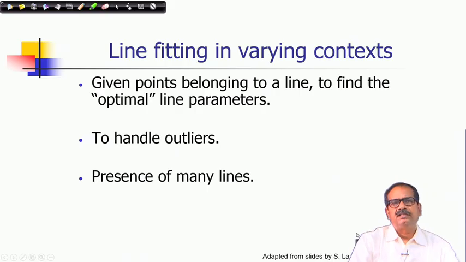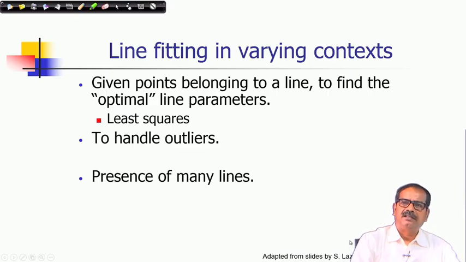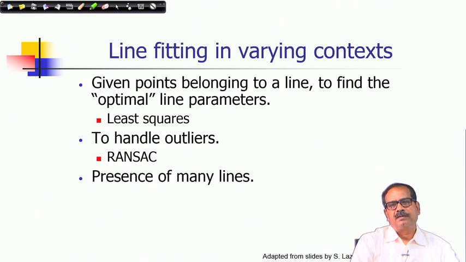Actually, these techniques are presented in varying contexts. Suppose you have points belonging to a line and you have to find optimal line parameters, then the least squares technique is applicable, very useful and very appropriate. But suppose you have outliers, in that case we should think about a technique like random sample consensus, or in short RANSAC.